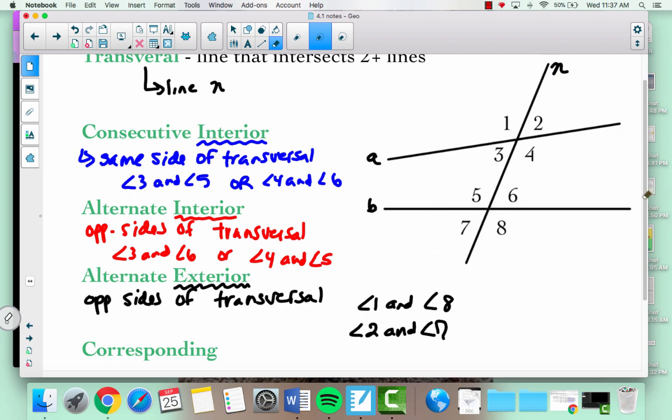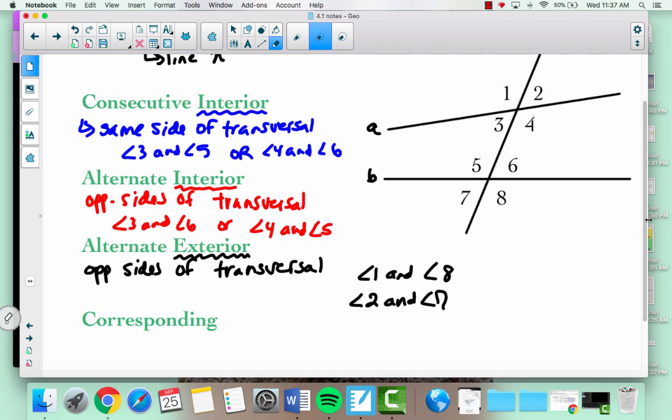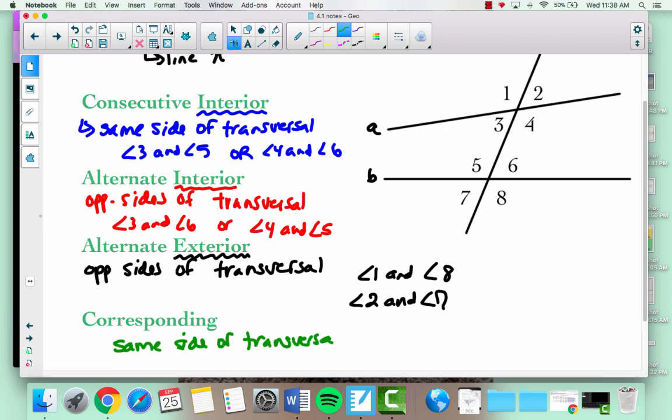And then last but not least is corresponding. So corresponding is going to be on the same side of the transversal. The difference is that you're going to think of it like a slide. So you're sliding down from one angle to the other.